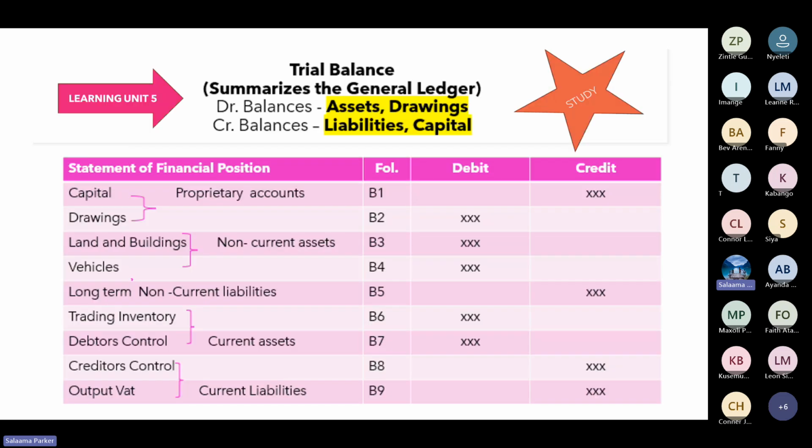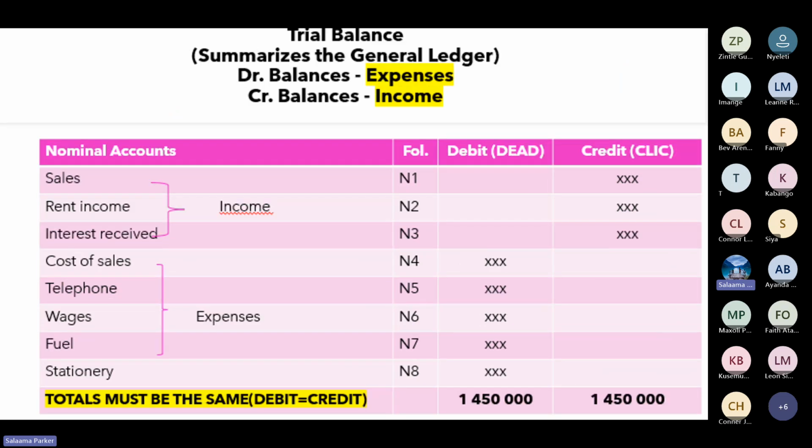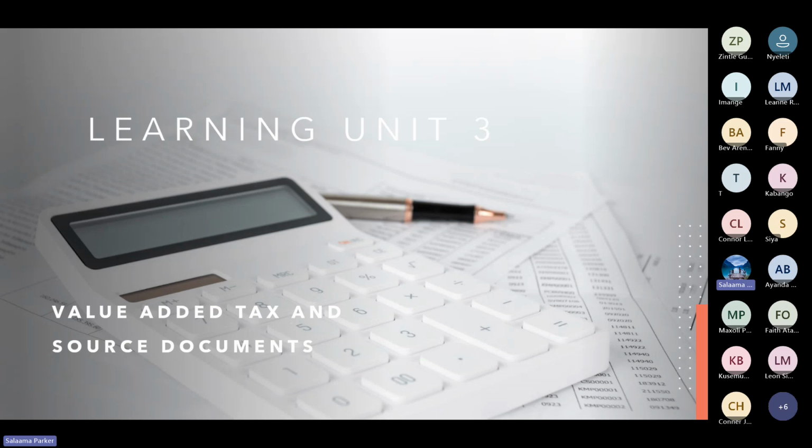Remember the layout, which accounts go where. Don't mix the account names up, because then you will be penalizing yourself unnecessarily. Okay. I think it's best that we now proceed to Learning Unit 3.